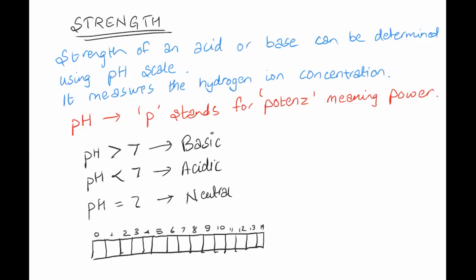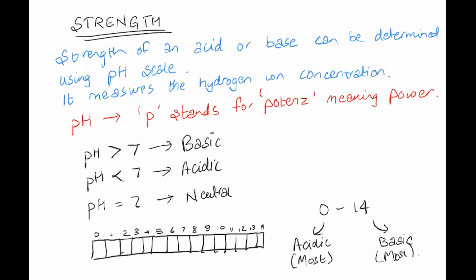The pH scale ranges from 0 to 14, where 0 is most acidic and 14 is most basic. You should keep this in mind, this is how it is shown.